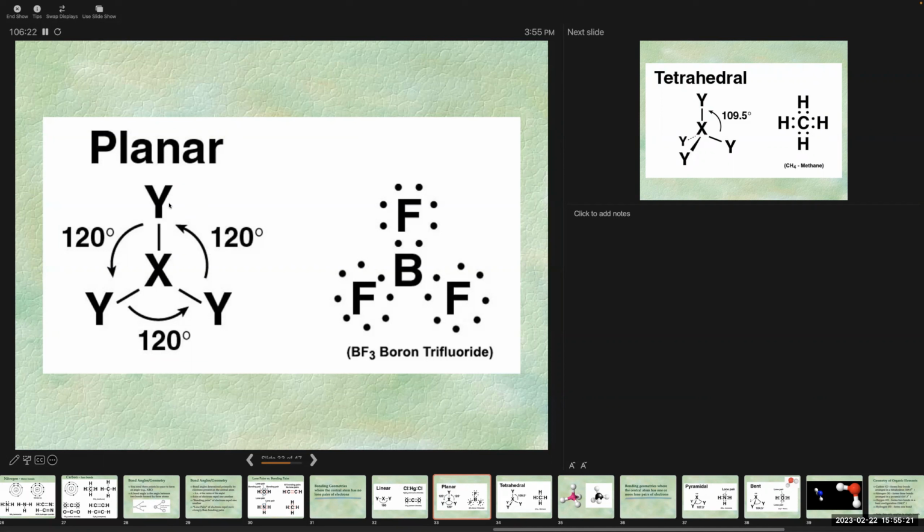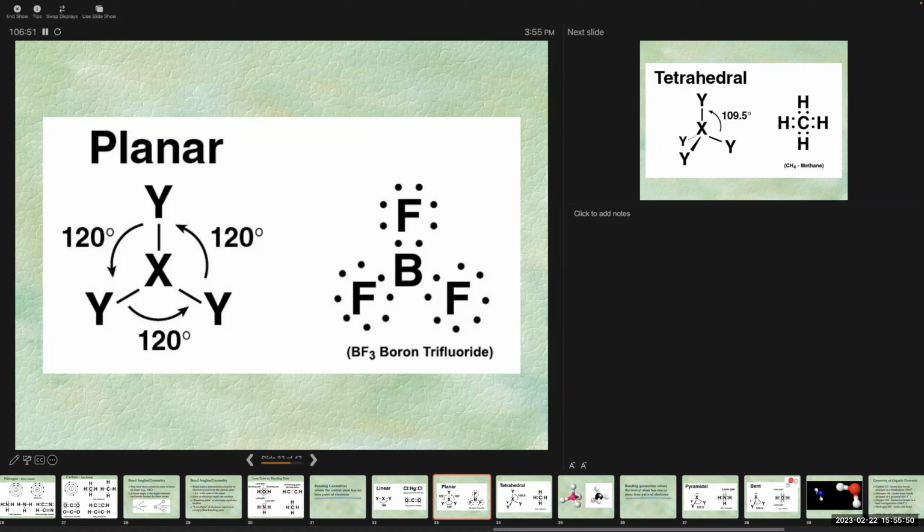If you take a circle, 360 degrees, and divide it three ways, you get 120. So the bond angles between the fluorines in this boron trifluoride molecule are all equal angles of 120 degrees. And that keeps the three fluorine atoms as far away from one another as possible.